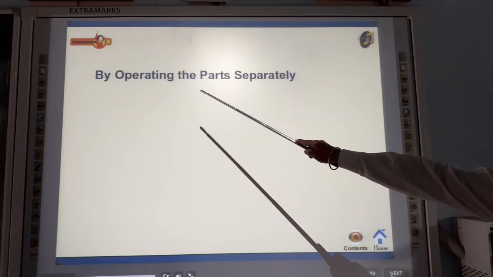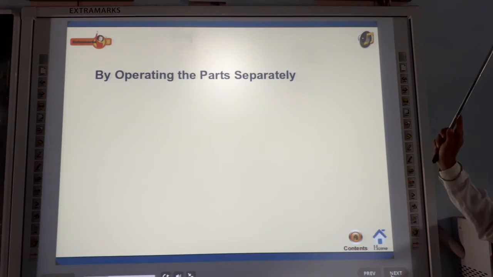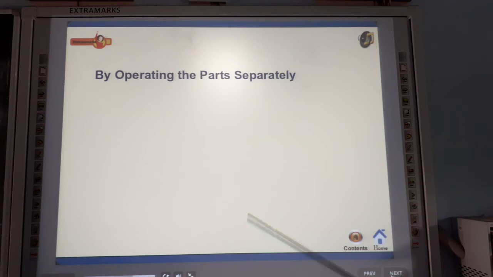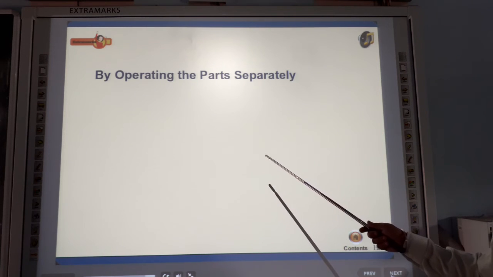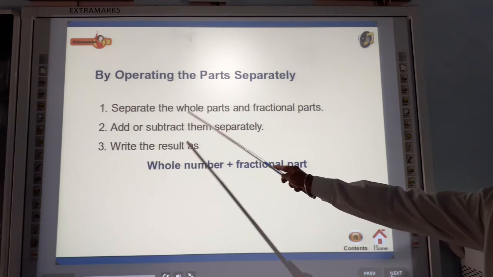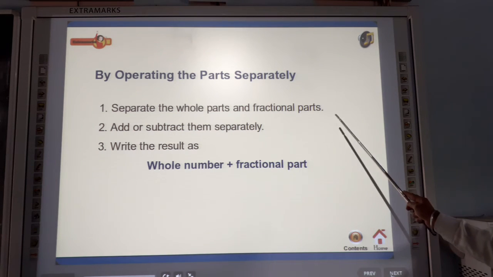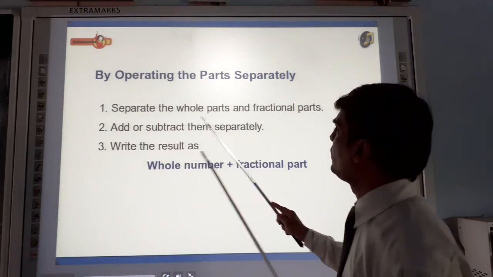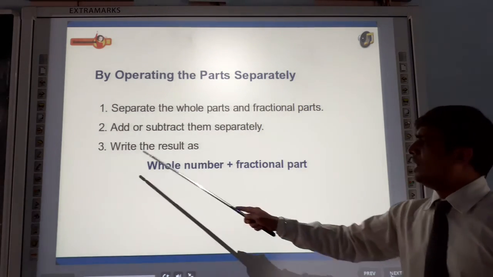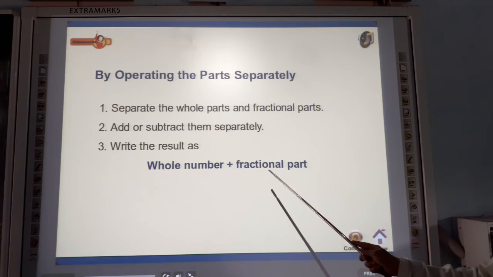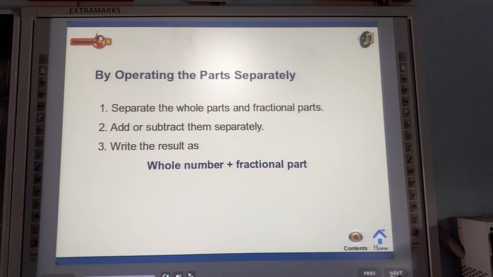By operating the parts separately: first is separate the whole parts and fractional parts. Second, add or subtract them separately. And third, write the result as whole number plus fractional part.